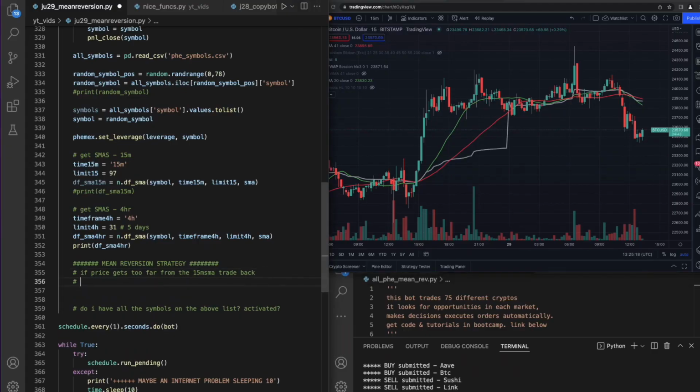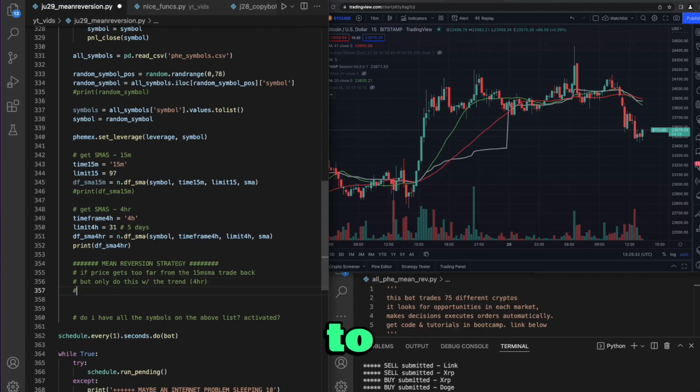But only do this with the trend. So we'll check out the trend by looking at the 4-hour. To explain that, if the 4-hour price is under the SMA, this equals bearish.